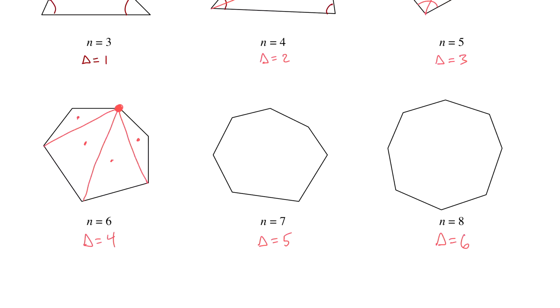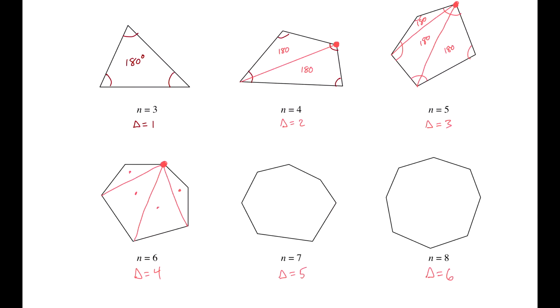Whether we draw them in or not, we already know how many triangles there are. So do we need to draw those in? That's really the question. If I want to know what all these angles add up to, I could just add up the 180 degrees.